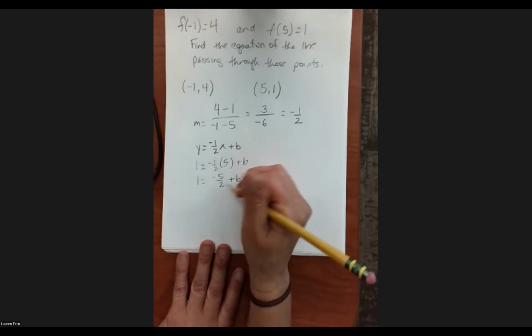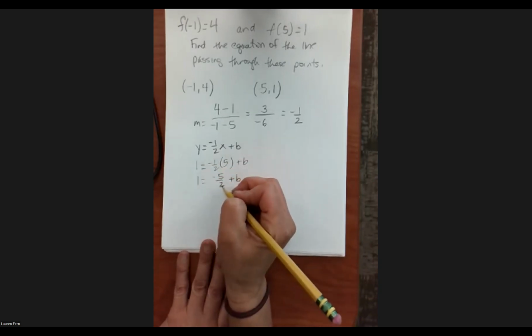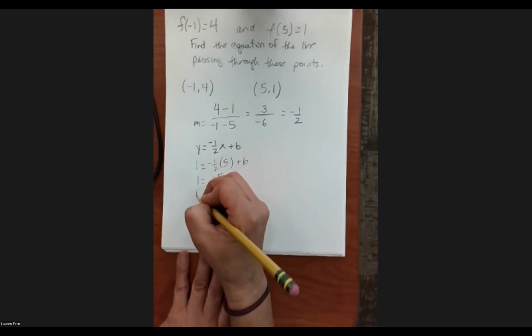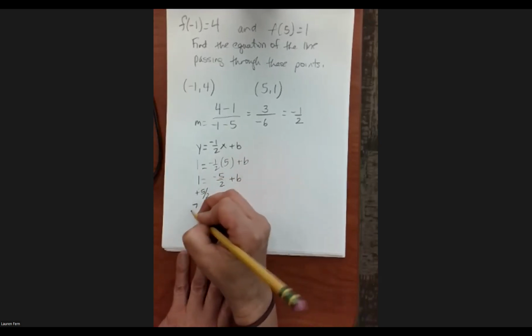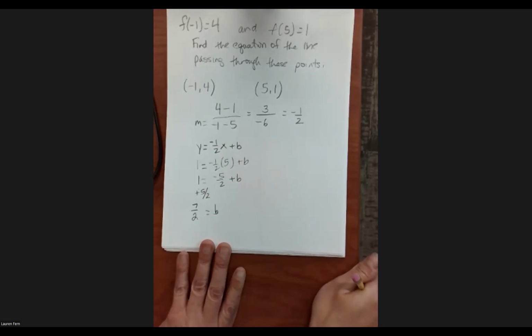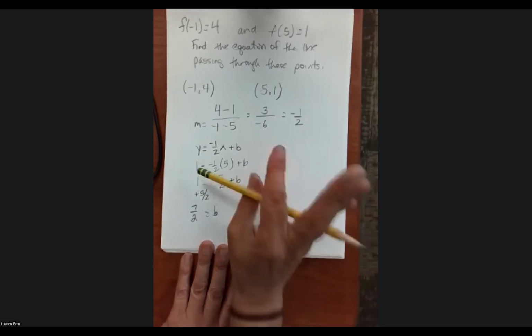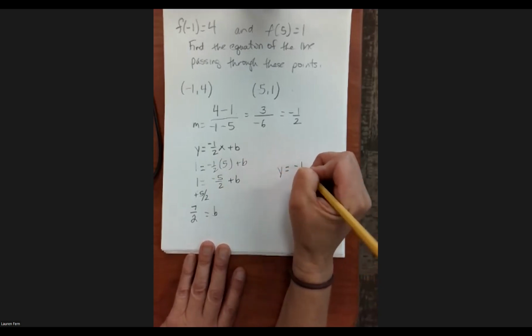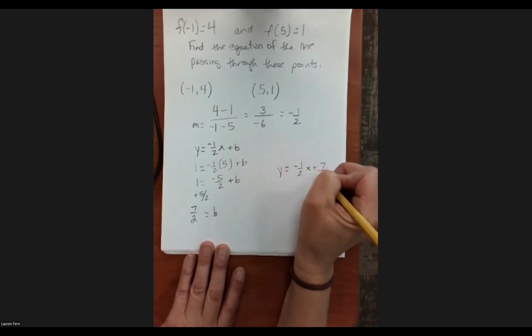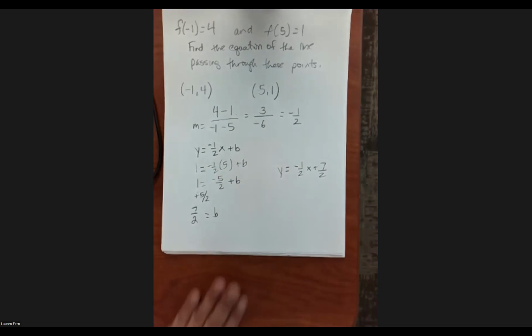To get b alone, what do we do? Add 5/2. So I claim we get 7/2, right? 2/2 plus 5/2 is 7/2. Now, I don't care whether you write it as an improper fraction, a mixed number, or a decimal. They're all equivalent.